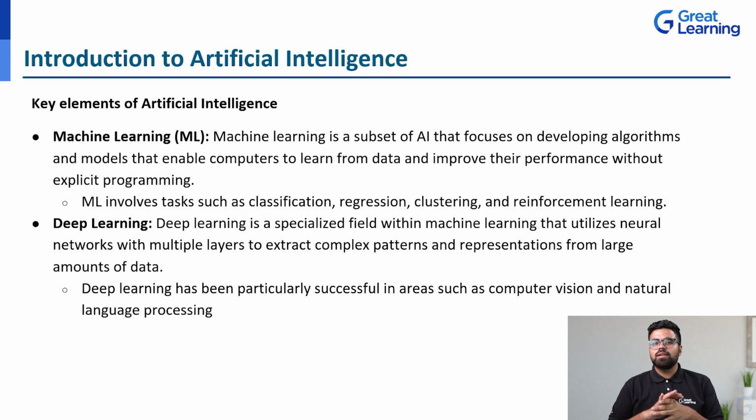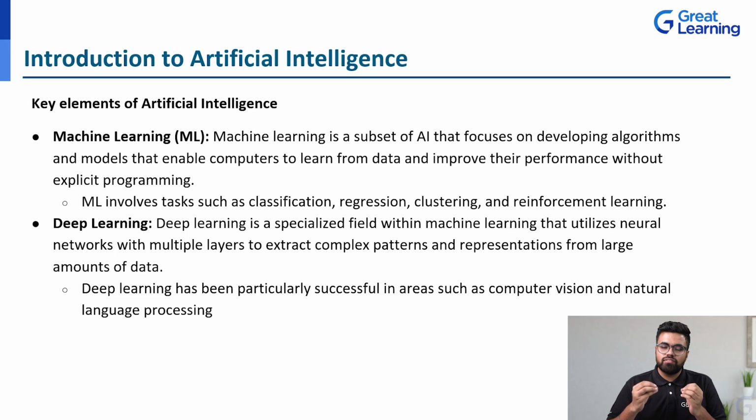Now, what are the key elements that involve artificial intelligence? The first one is machine learning. Machine learning is basically a subset of AI that focuses on developing various algorithms and models that enable computers to learn from data and improve their performance without explicit programming. That's what I just mentioned, that you don't need to know a lot of coding.